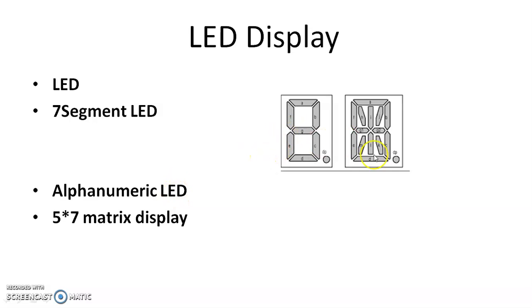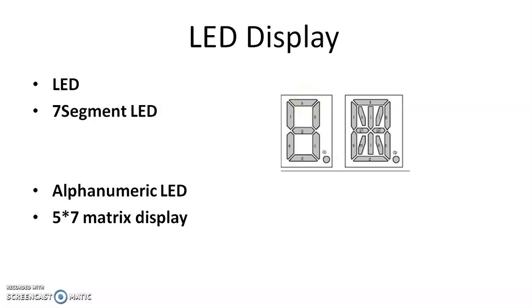You can see up here the second picture. This is an alphanumeric display. With that you will be able to display all the characters. So this is alphanumeric, and this is for up to hexadecimal. It is mainly for numeral purposes.